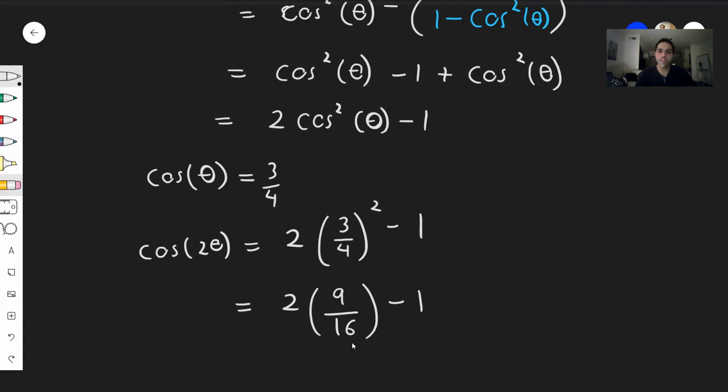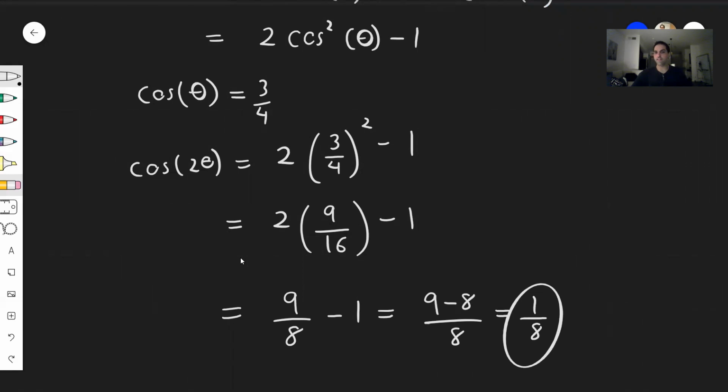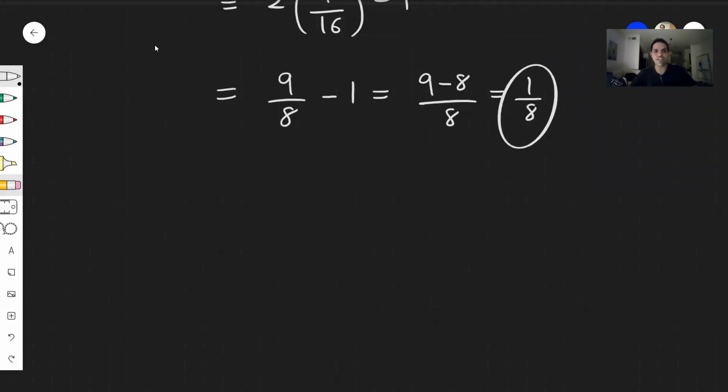The 2 and the 16 simplify to get 9/8 minus 1, and that becomes (9 minus 8)/8, which is 1/8. So in this case, cosine of 2 theta is 1/8.